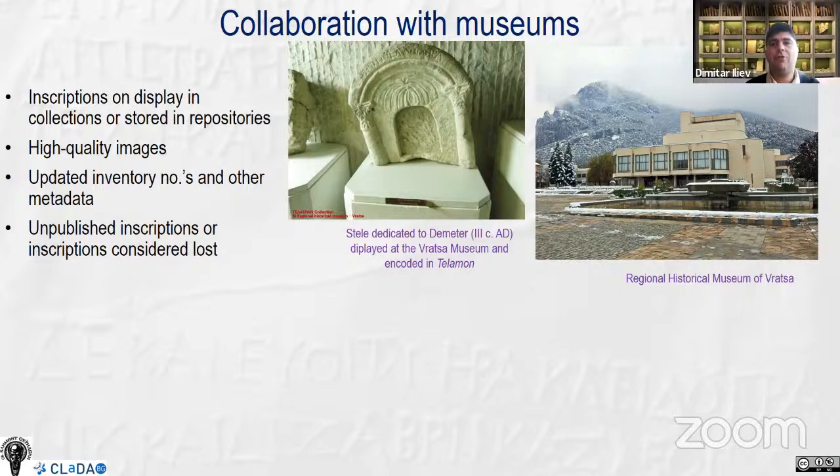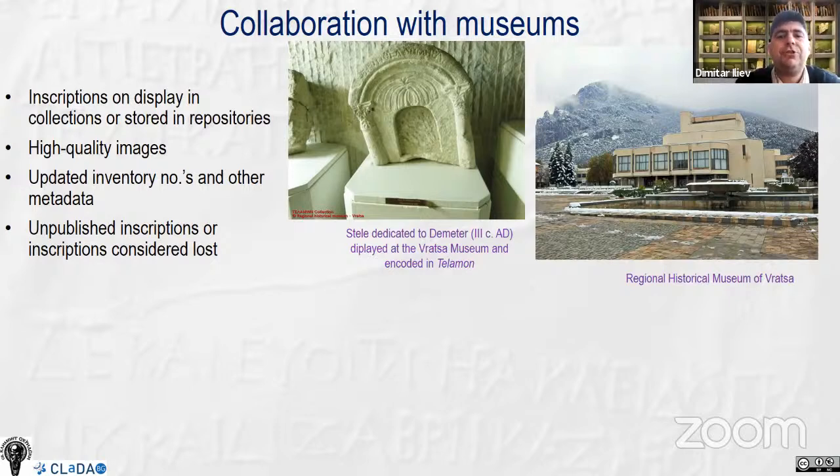We now also have collaborations with other archaeological museums and with the National Archaeological Institute with Museum of the Bulgarian Academy of Sciences, which provide additional information for some of the inscriptions, and they also serve as a model for all the other regional and archaeological museums in Bulgaria.